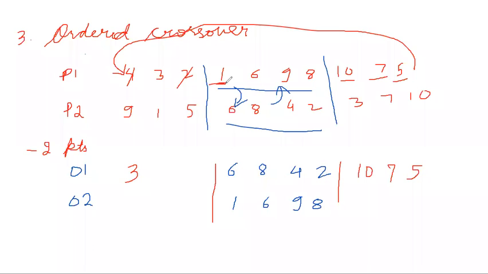Now I will go to this section which was already exchanged, and maintain that order. This is 1; 1 has not occurred, so I'll fill the first vacant position with it. Next is 6. 6 is already a part of this, so I cross it. Then the next element, 9. 9 is not occurring, so I have done. Okay, so this is how my first offspring has been created.